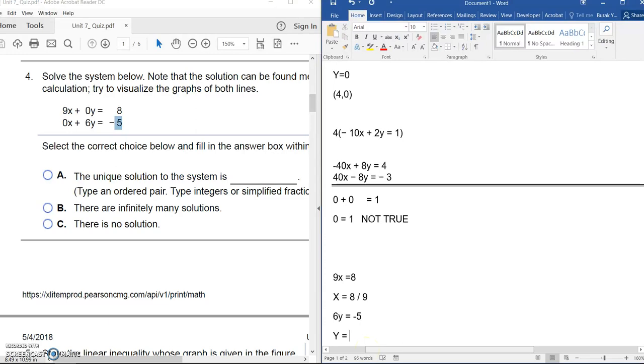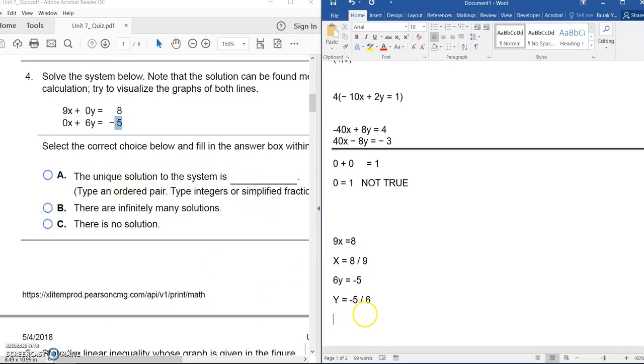So y would be equal to negative 5 divided by 6. So the unique solution to the system is 8 over 9 as a fraction and negative 5 over 6. So that's the solution.